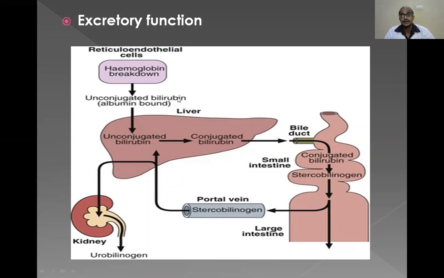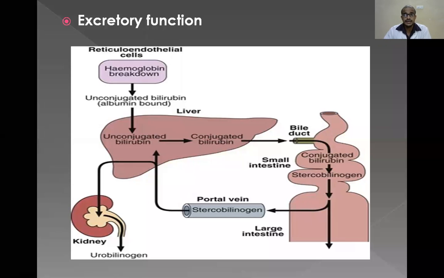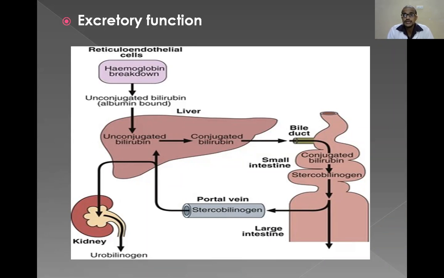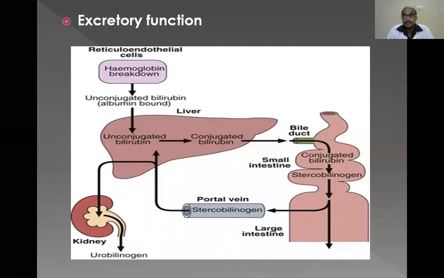So from heme we get all this bilirubin; it is unconjugated, becomes conjugated, and is excreted as stercobilinogen and urobilinogen. So this is done by the liver. This is an important function of the liver.